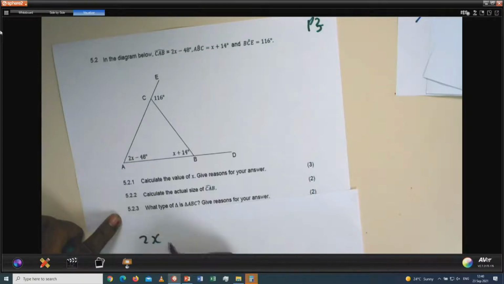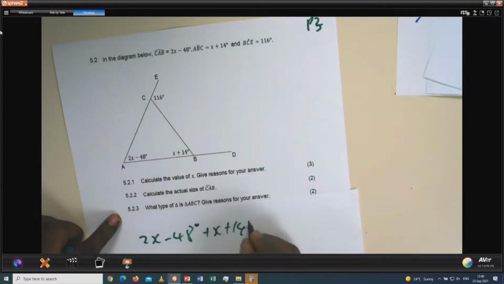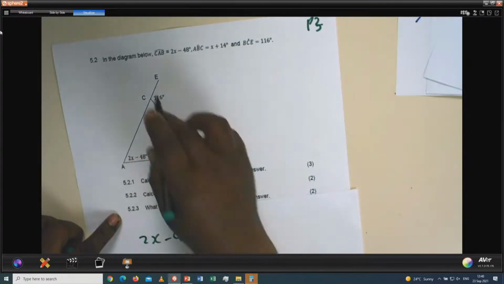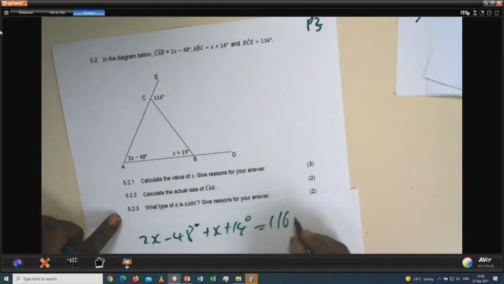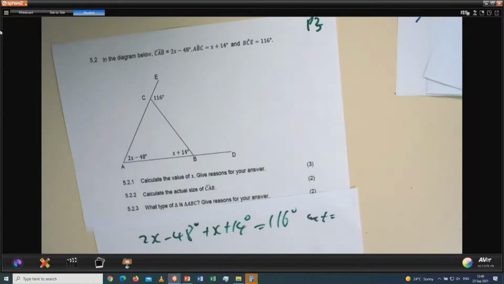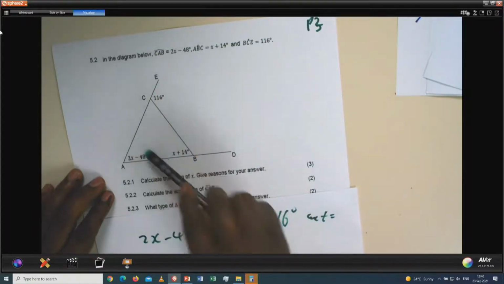2x minus 48 degrees plus x plus 14 degrees will be equal to 116 degrees. What is the reason? Exterior equals two interior opposite.